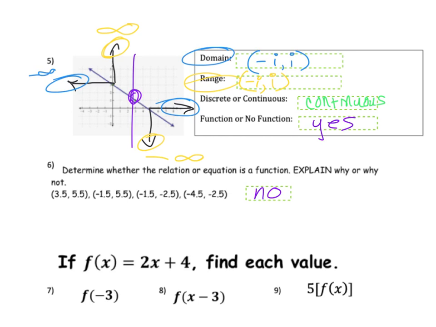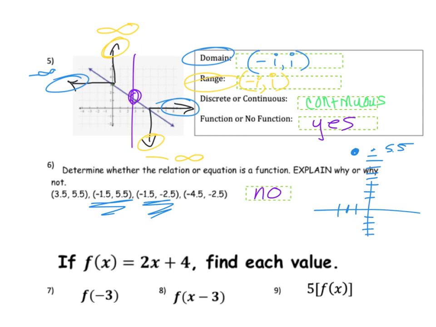It's not a function because of these two guys right here: the negative 1.5 with the 5.5 and the negative 1.5 with the 2.5. If we were going to graph those two coordinates, they would both be over to the left 1.5, but one would be up here at like 5.5, and the other one would be way down here at like negative 2.5.